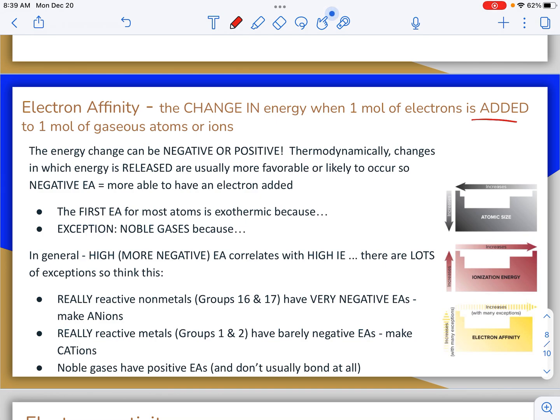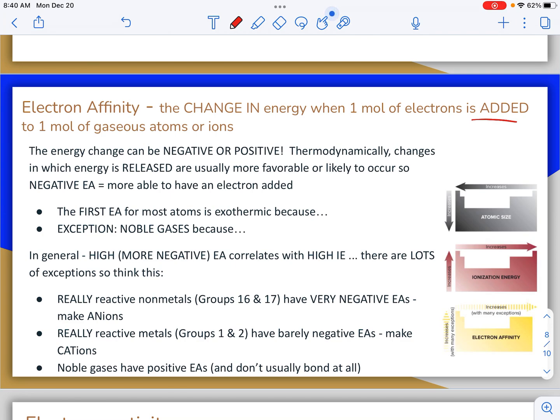Or a bigger number, but more negative. So the really reactive nonmetals like the halogens and the oxygen group have very negative electron affinities, and they make anions. The cations that are formed from the metals are because their electron affinities are just barely negative, and so they're overall less likely to gain electrons, more likely to lose electrons, and they form cations.